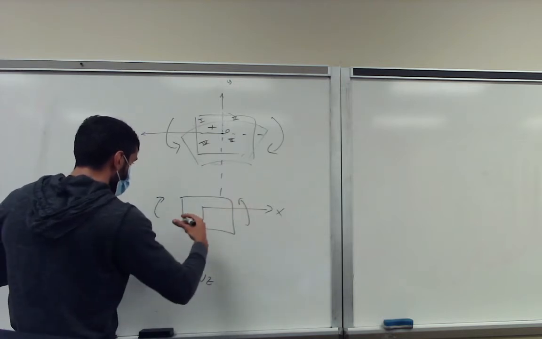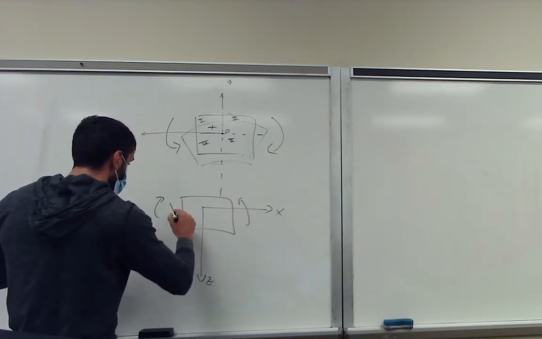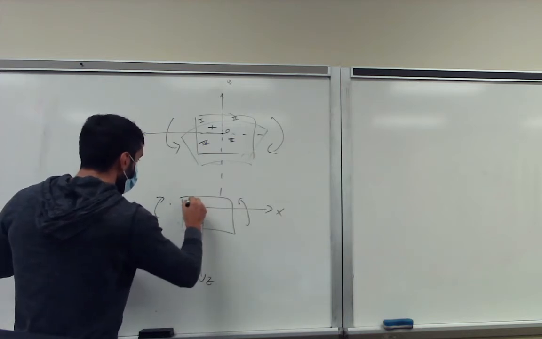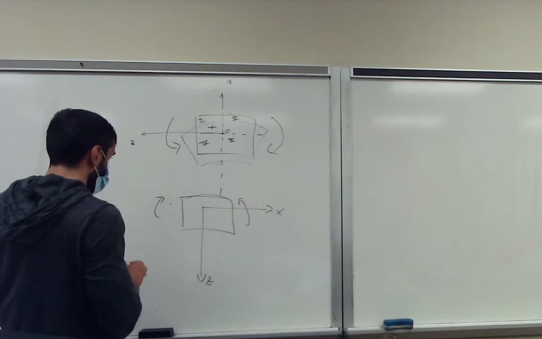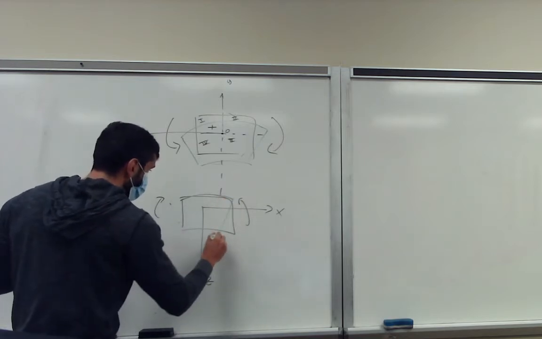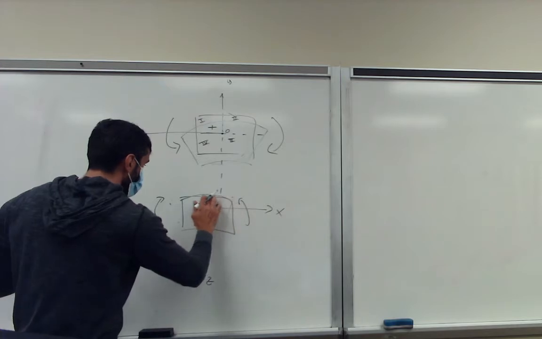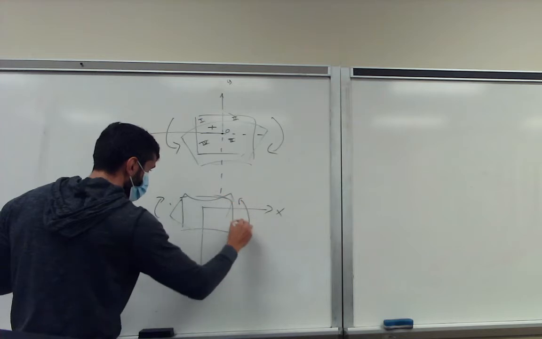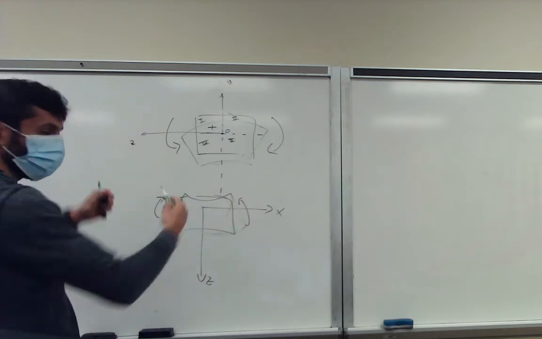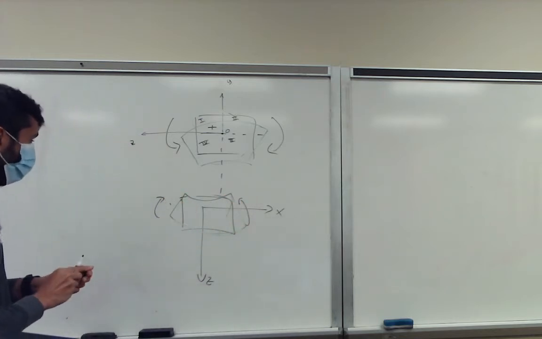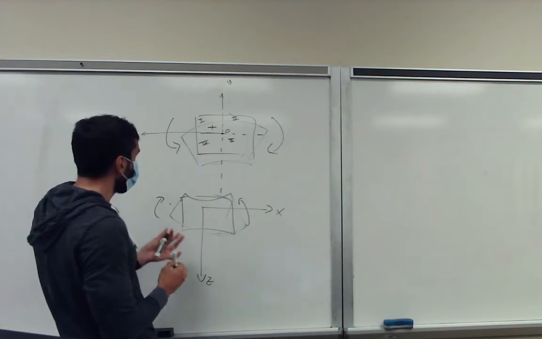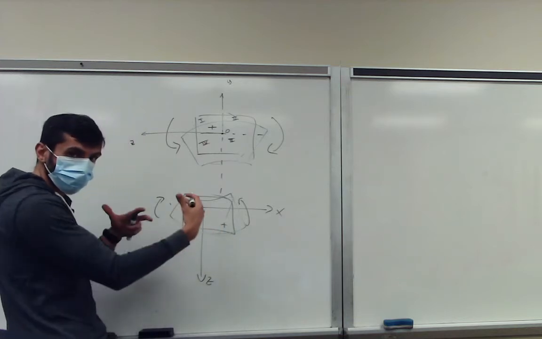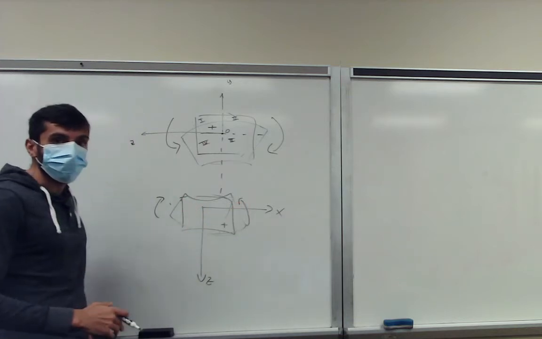So we deform like that. We deform like this, right? Makes sense? And again, now in this case, this is our positive x, positive z quadrant. Again, we have tension here, so this is how the moments are defined as tension.